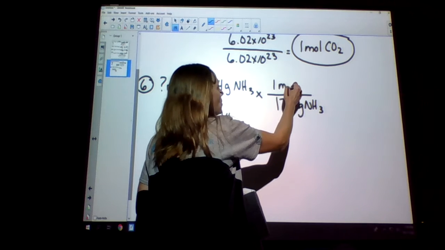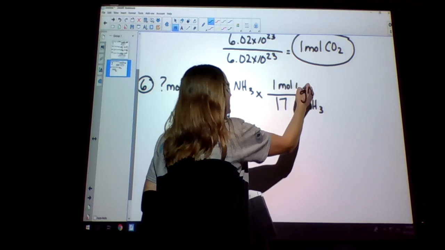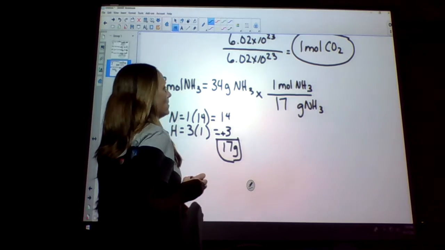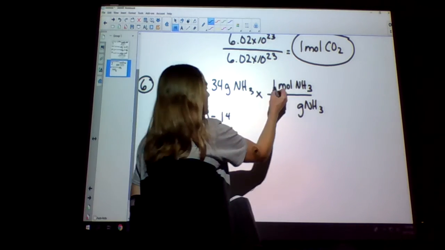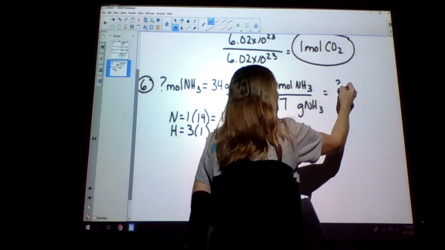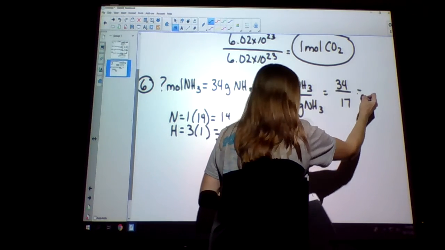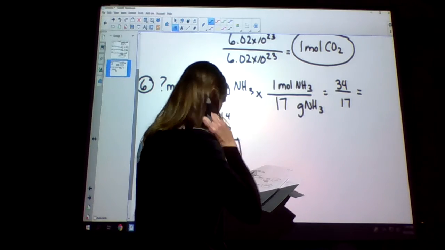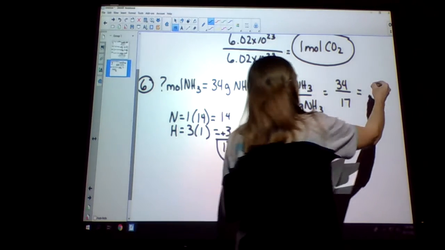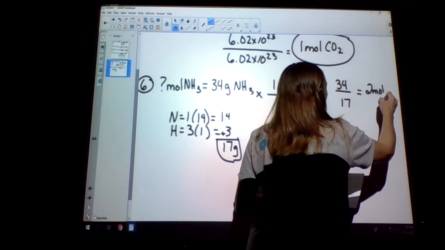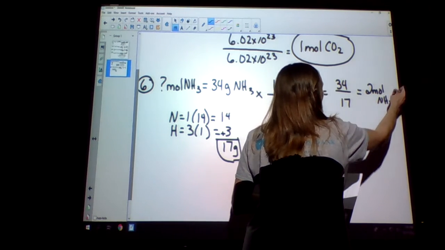Since we're going to moles, moles will go in the top. Grams will cancel out. So you take 34 times 1, which is 34. Carry over this bottom number, 17. So we end up with 34 divided by 17, and we get 2 moles of NH3.